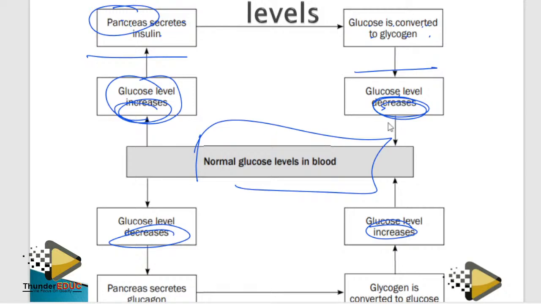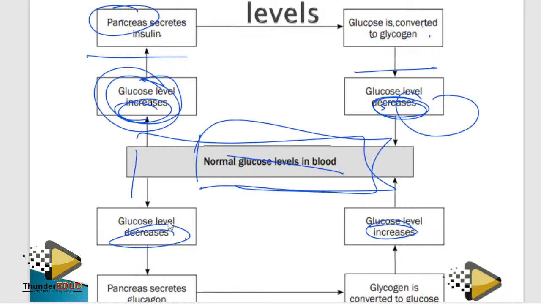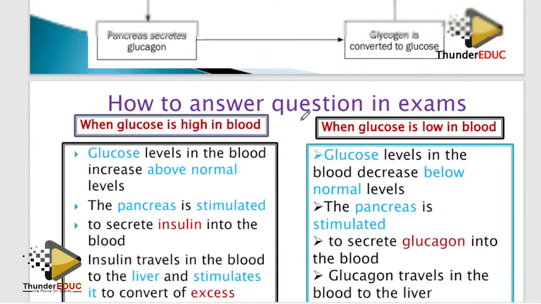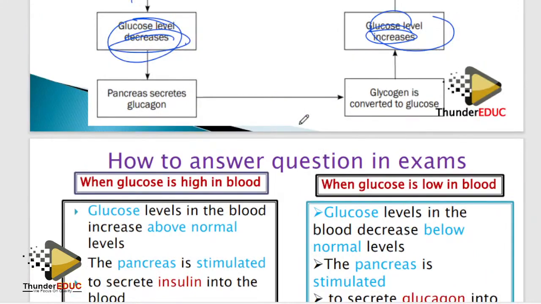So guys, draw this, put what you want to talk about, increase, decrease, whatever. Then talk about the gland that produces the hormone, and then the function of the hormone. It's done. I don't know why people always say this topic is a problem. Sometimes it's a problem because you don't know how to tackle it. It's a simple thing. I just want to make things simple, because I don't want people to have problems with reading.